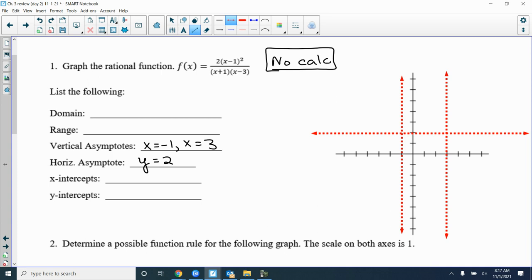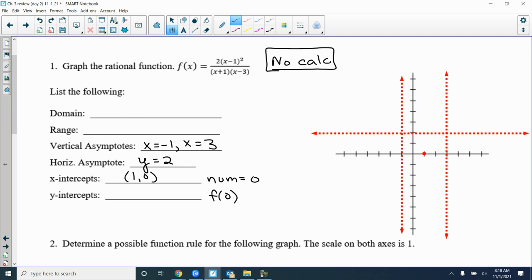X-intercepts. This is where the numerator equals 0. Basically, x minus 1 squared. The only thing that's going to make it 0 is 1. So write it as a point, 1, 0. And now y-intercepts, that is where you plug in 0. F of 0. This might take a little bit of work. All right, what am I going to get when I plug in 0?